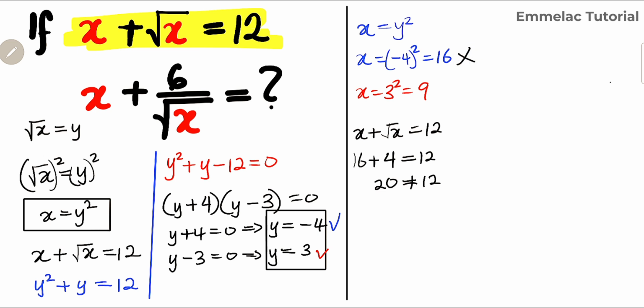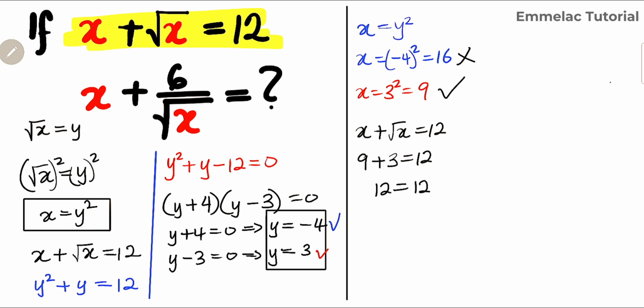Let us check for 9. x plus the square root of x equals 12. This gives us 9 plus the square root of 9, which is 3. You can see that 9 plus 3 is 12. So we pick 9 because that satisfies the initial equation.